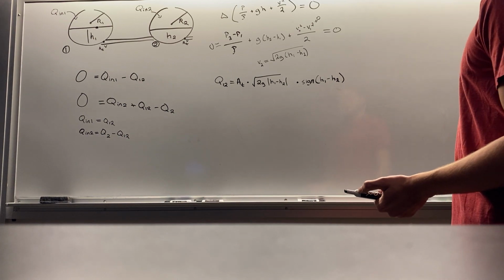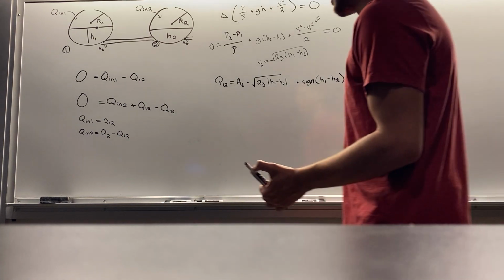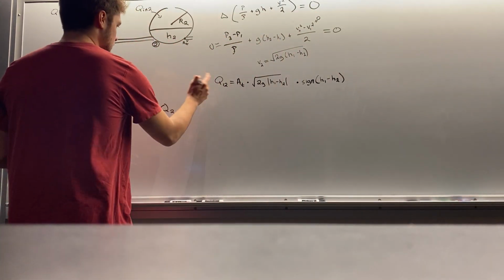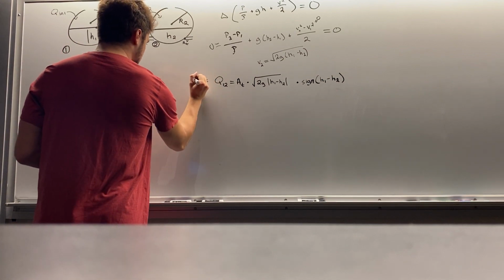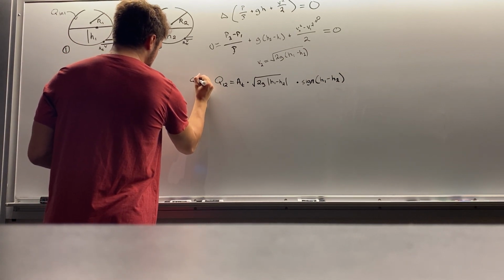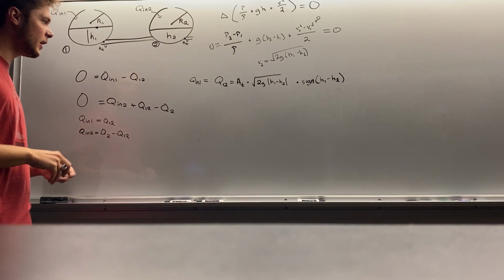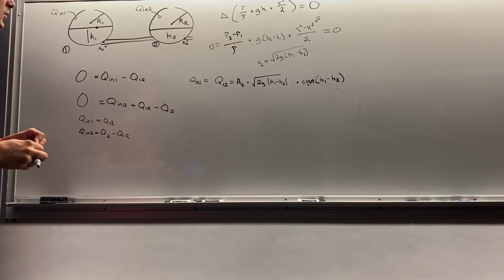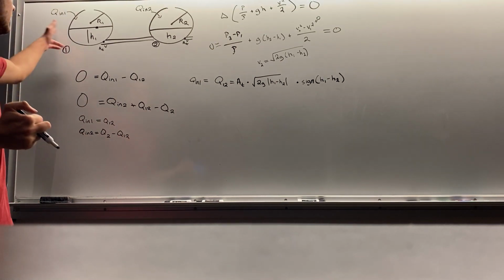There, so that is Q12, and as we know, Q12 is going to equal Qn1. There, so that is our initial flow rate coming into tank 1.